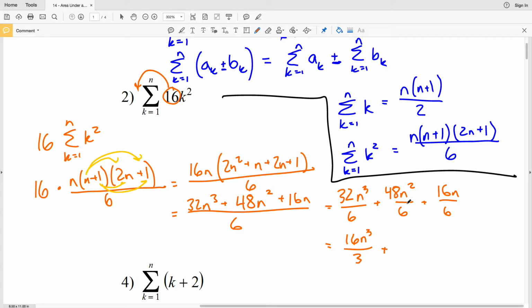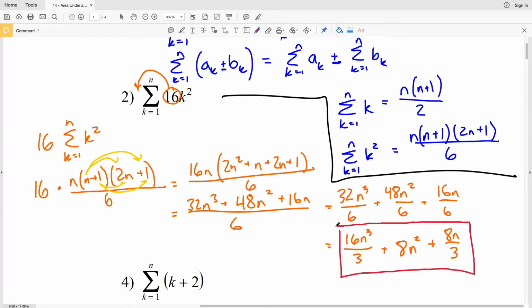And I'm adding that to 48 divided by 6 is 8, so that's 8n squared, plus 16 and 6 are both divisible by 2, so dividing both the numerator and denominator by 2, I'll get 8n over 3. So 16n cubed over 3 plus 8n squared plus 8n over 3 is my solution in number 2.